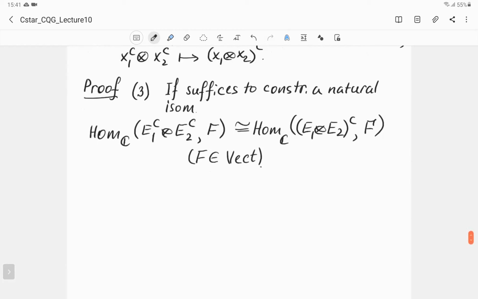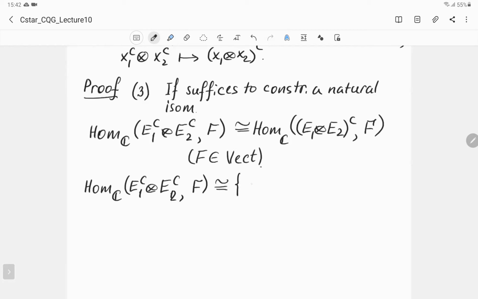Okay, so this construction is very easy. Namely, if we start with the left-hand side, by the universal property of the tensor product, we can write it as follows.